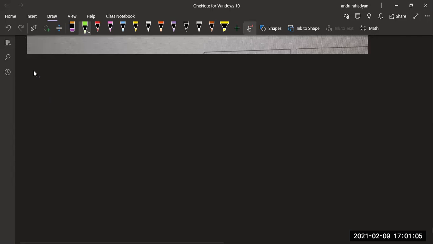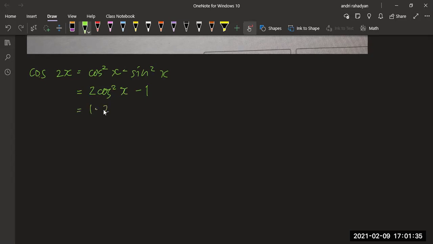Okay, we know that cosine of 2x is equal to cosine squared of x minus sine squared of x, or is equal to 2 cosine squared x minus 1, or it's equal to 1 minus 2 sine squared of x.